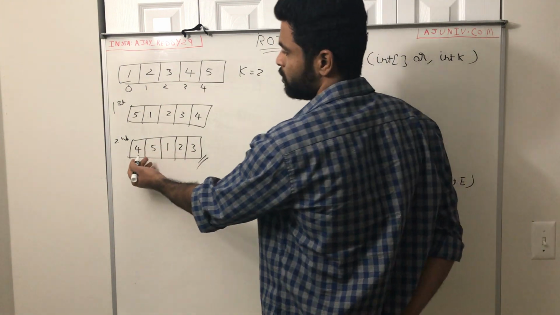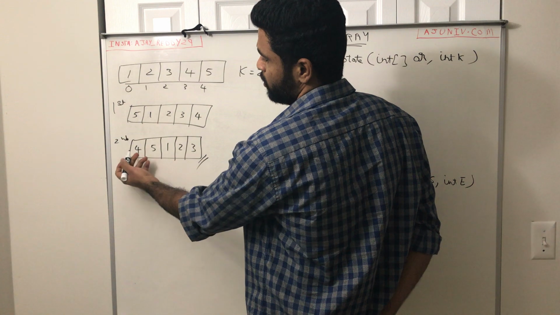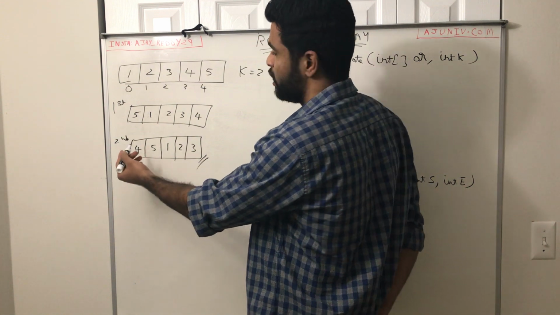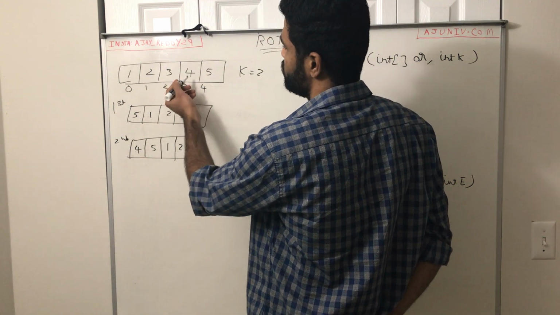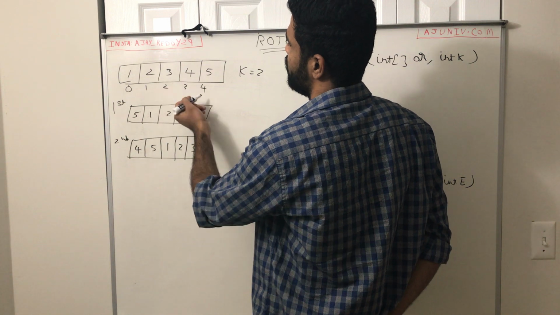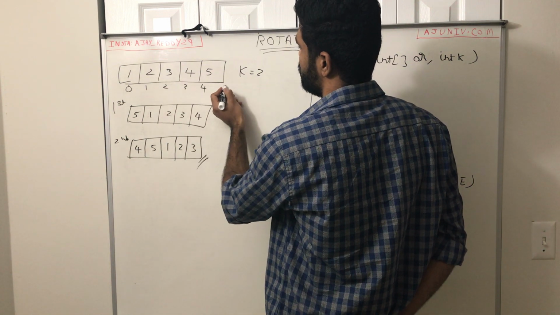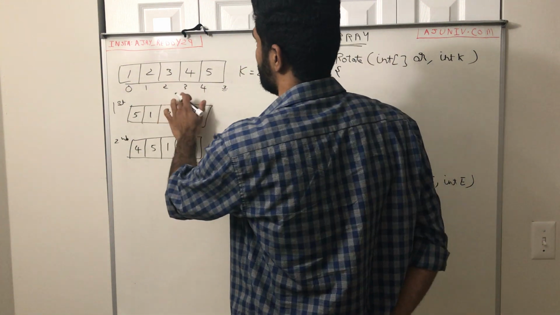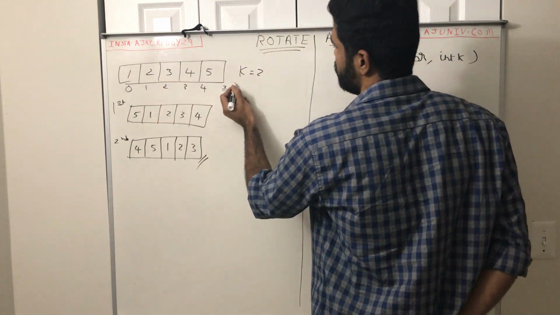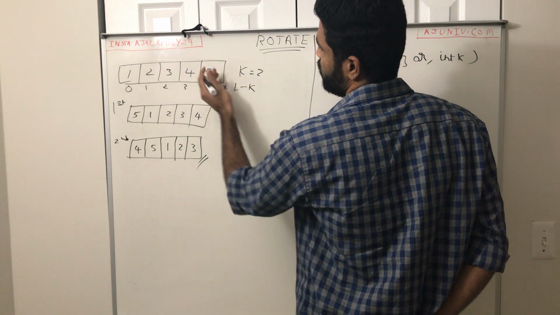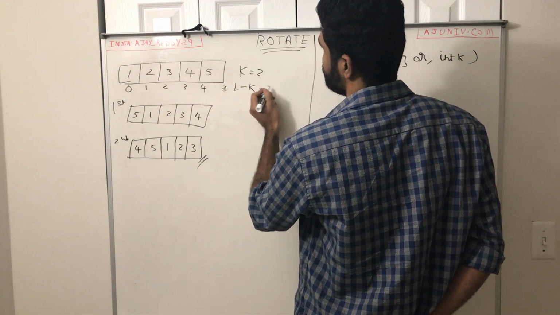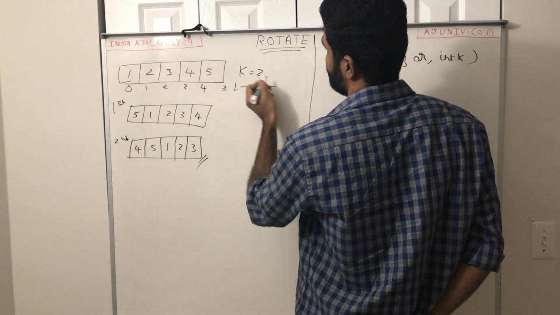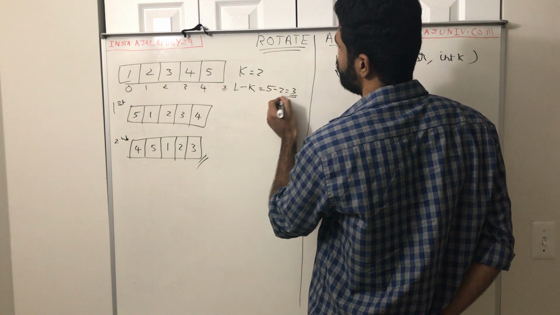Here, if you see, the output array starts with the element 4. This element 4 is at index 3 in the original array. So how to find this index? You can simply do length of array minus k. The length is 5 and k is 2, that will give you 3.